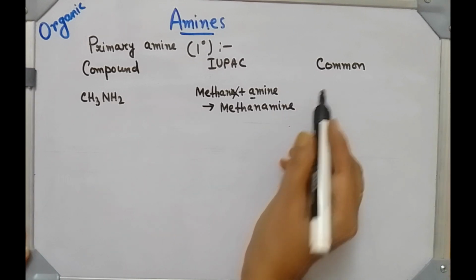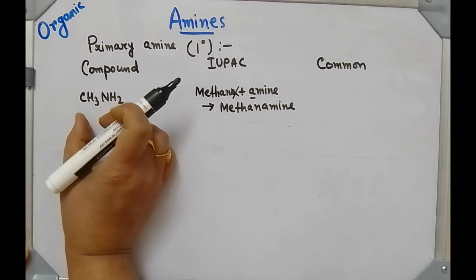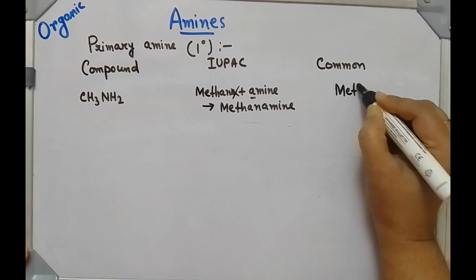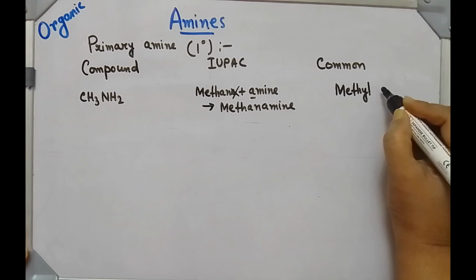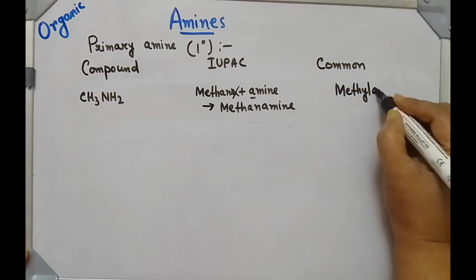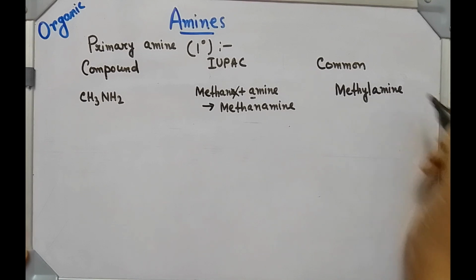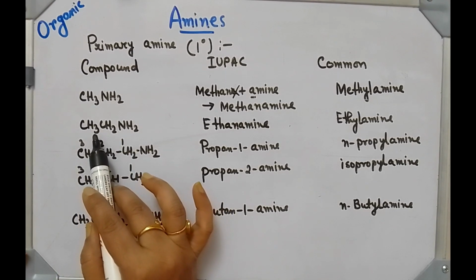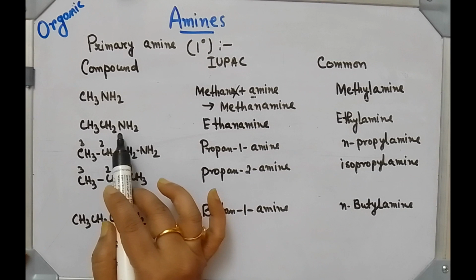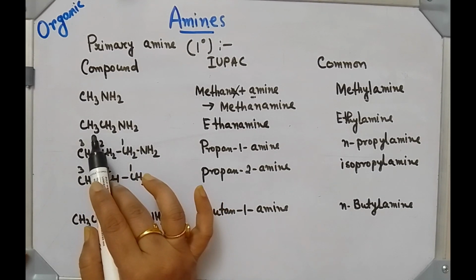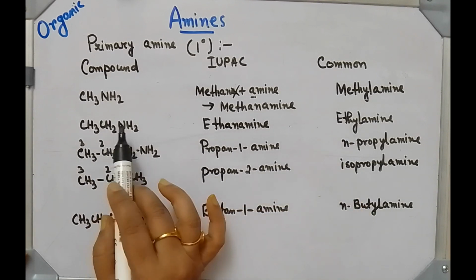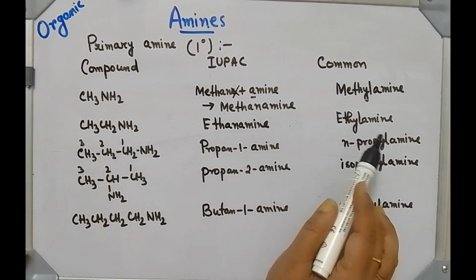And the common name: the methyl group is there, so it is methyl, then you have to write amine. Similarly, if the structure is CH3CH2NH2, then 2 carbon atoms are there, so it is ethanamine, the IUPAC name, and the common name, the alkyl group is ethyl, so ethyl amine.